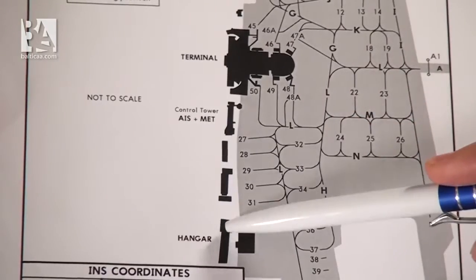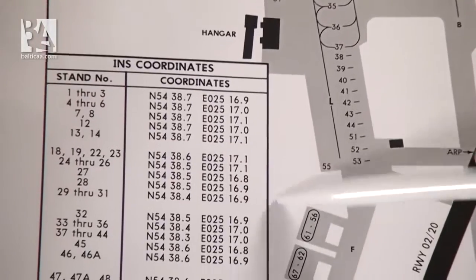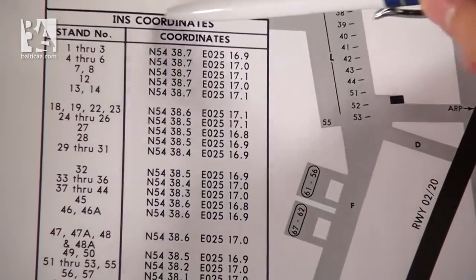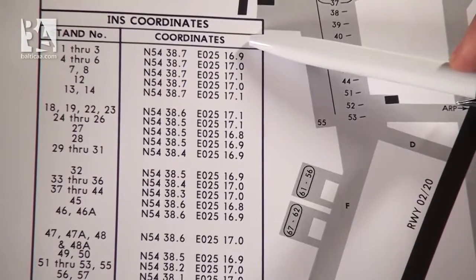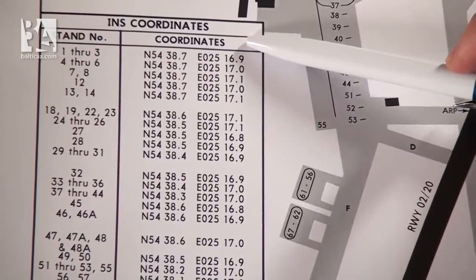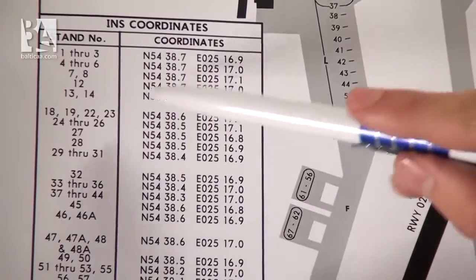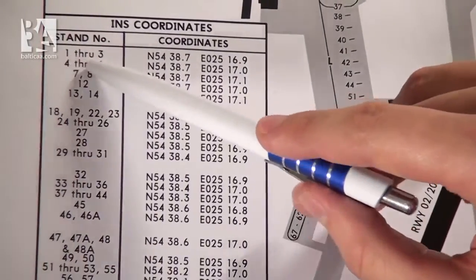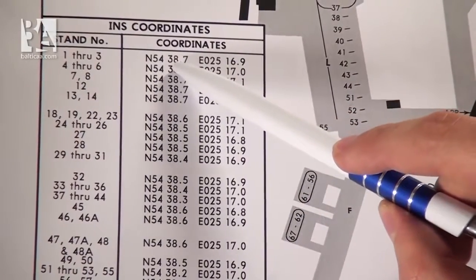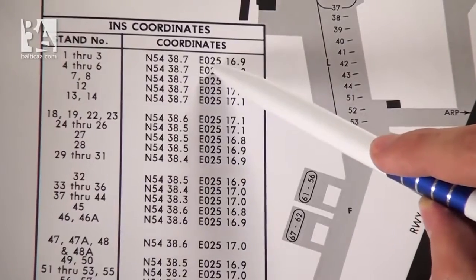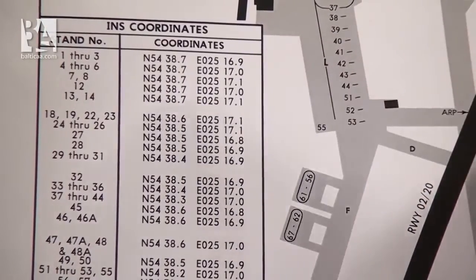In the left and down part of the chart we have a big square for INS coordinates. This would be used for IRS or INS alignment for the aircraft according to their stand positions. For example, for stands 1 through 3 we have coordinates north 54, 38.7 and east 25, 16.9 and so on.